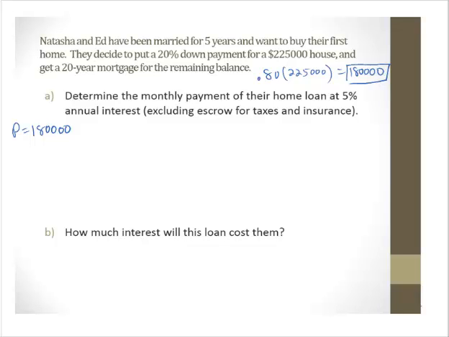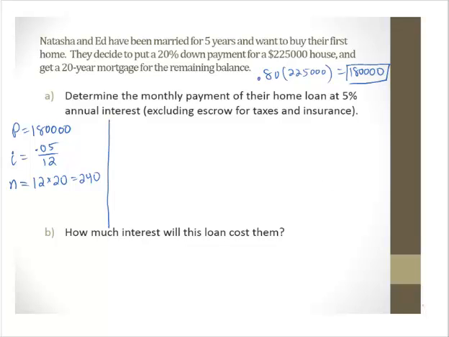All right, now their interest rate is 5%, but we again want the periodic interest rate I. So I would be 0.05 over 12. N is the number of equal periodic payments. So we're making 12 payments per year times 20 years. That's 240 payments.